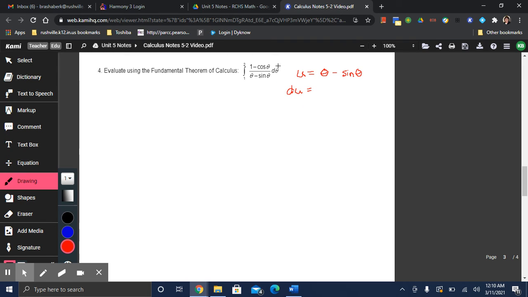Since we're doing the derivative with respect to theta, this is our variable, so this will be a 1. And then the derivative of sine is cosine, so this will stay minus the cosine of theta, and then d theta.